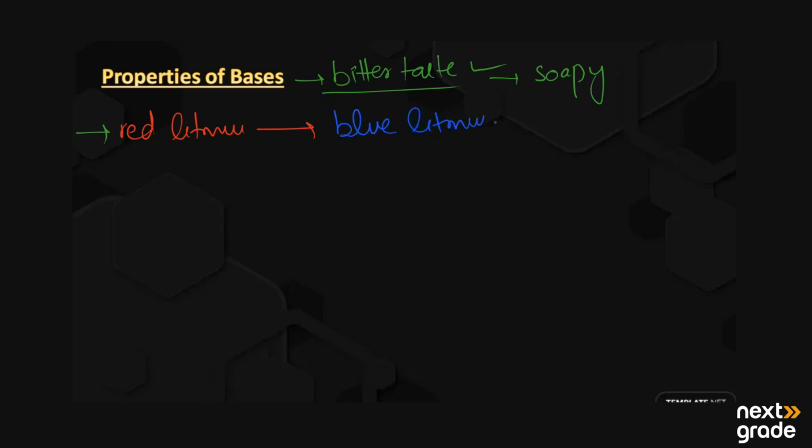If we want to check for the presence of a base, we dip the red litmus paper and it will change into blue litmus paper, so the red color changes into blue.